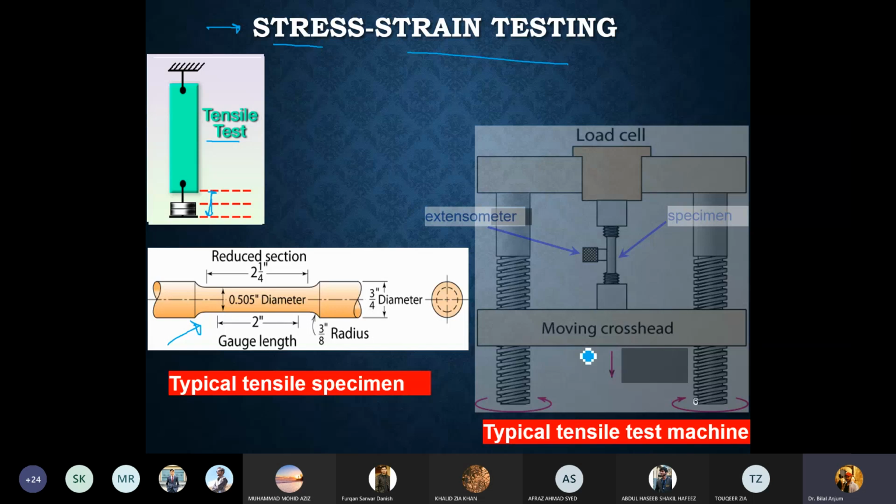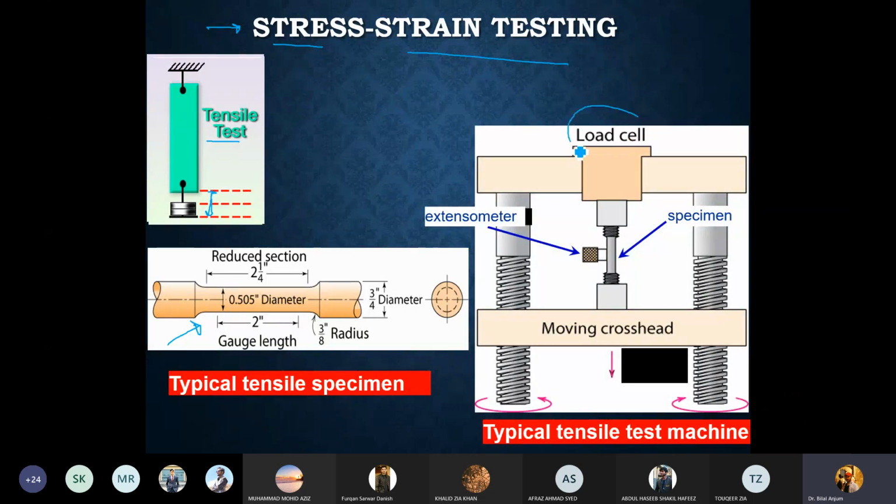In a typical tensile test machine, you essentially have a load cell that is used to apply a calculated load onto the specimen that is mounted in the tensile testing machine. There is this extensometer which is used to measure the strain as the sample is being stretched.